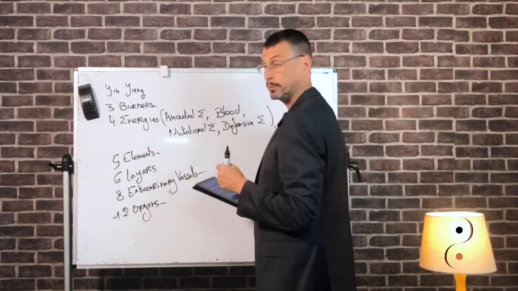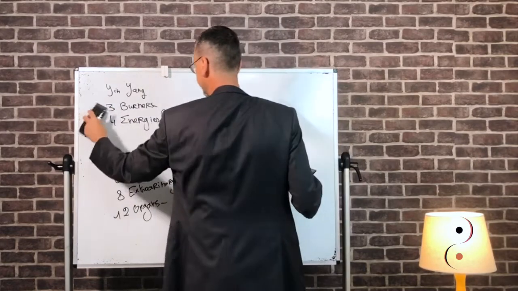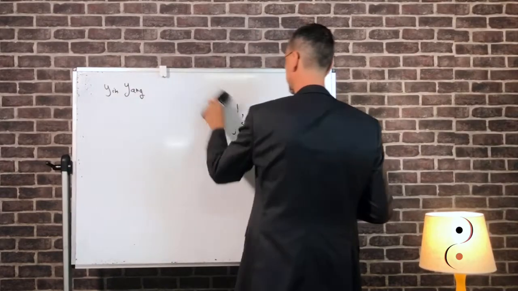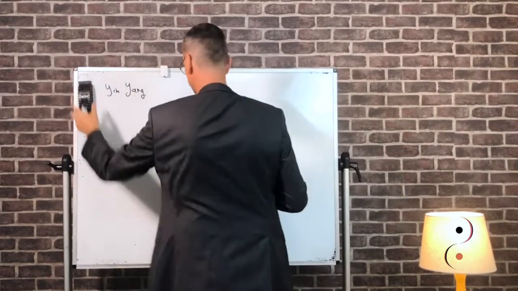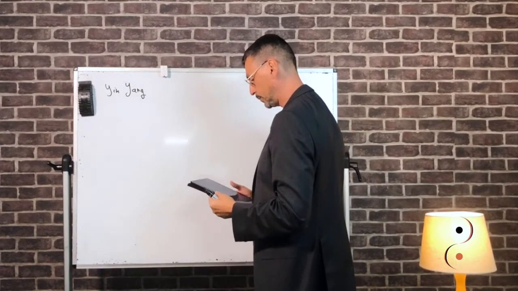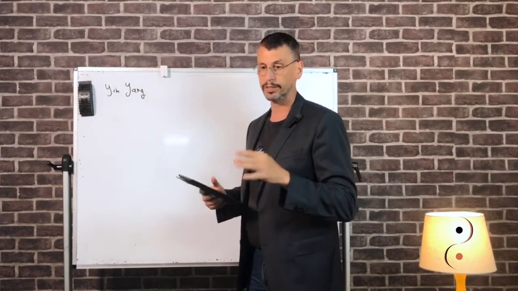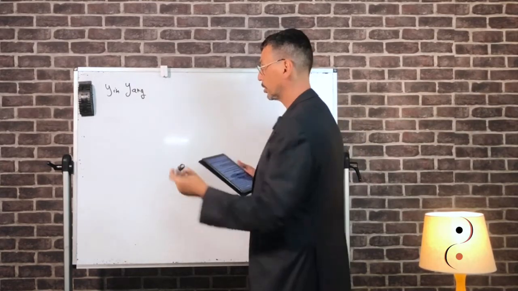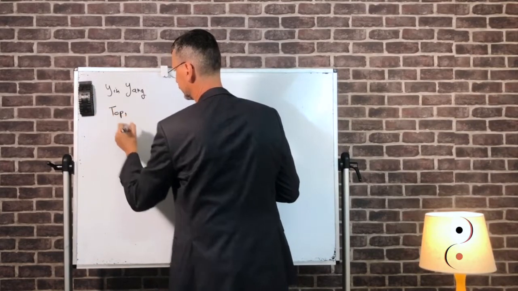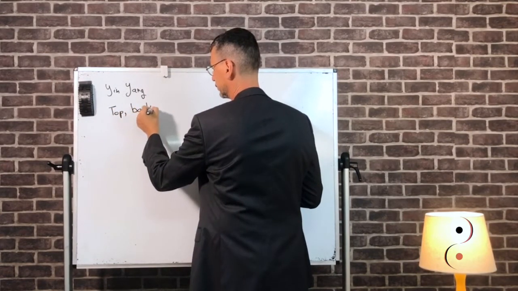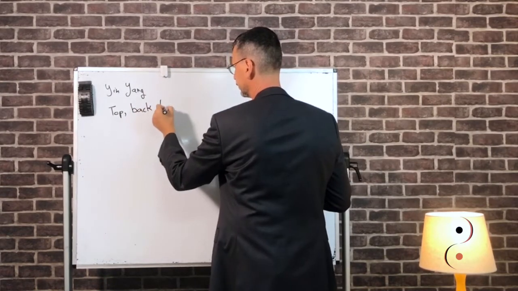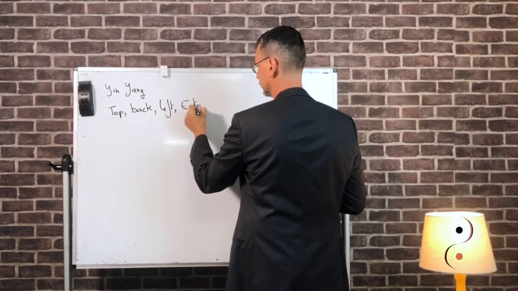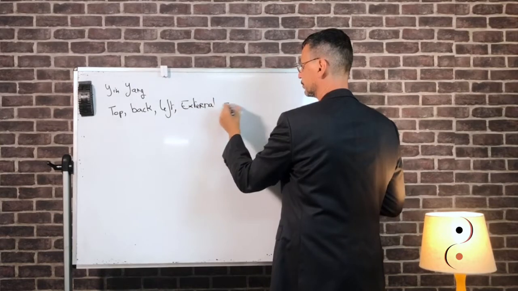So let's start with the most important concept, the yin-yang. Without going into details, every acupuncturist knows that the top, the back, the left, and the external part correspond to the yang.